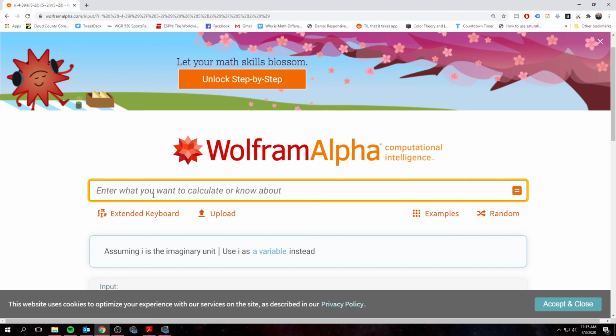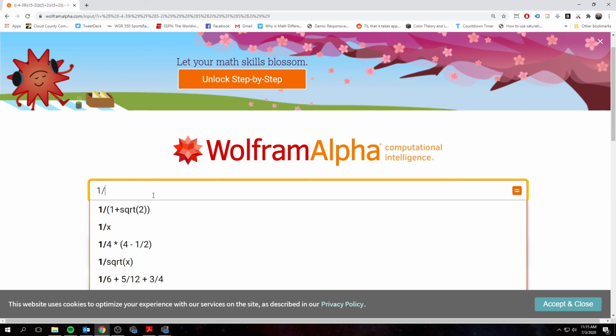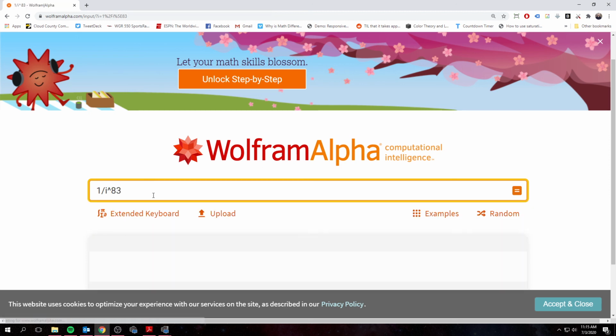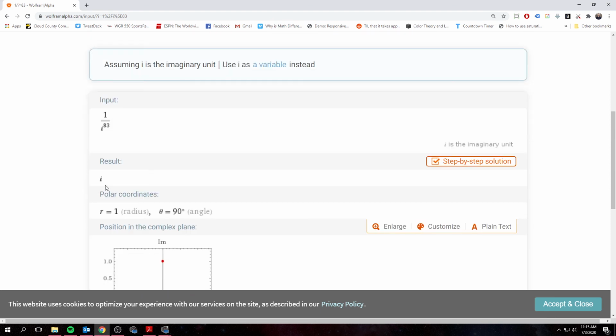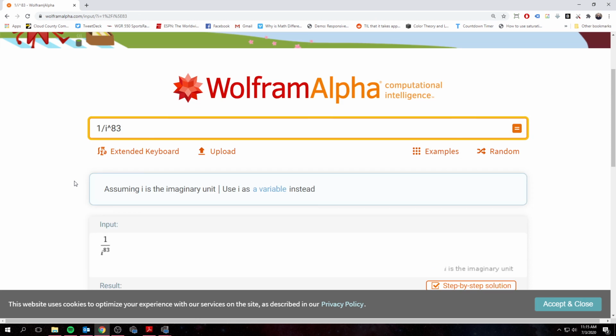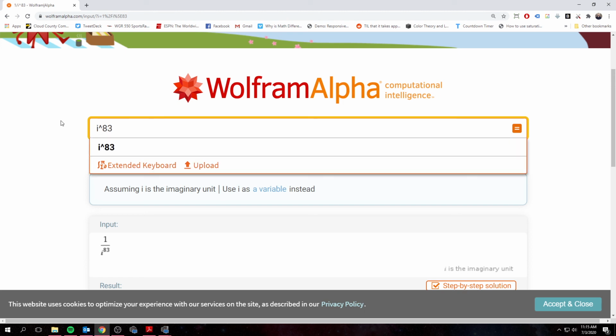So let's take a look specifically at question 64. Okay, for example, this one says 1 over i to the 83rd power. Okay. So that's the input. The result is it gives me i, which is i to the first. This is the same thing, by the way, as i to the negative 83rd.